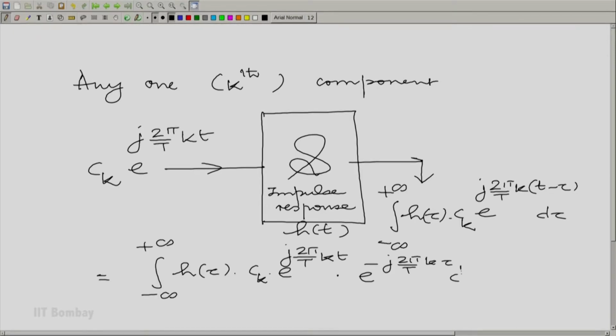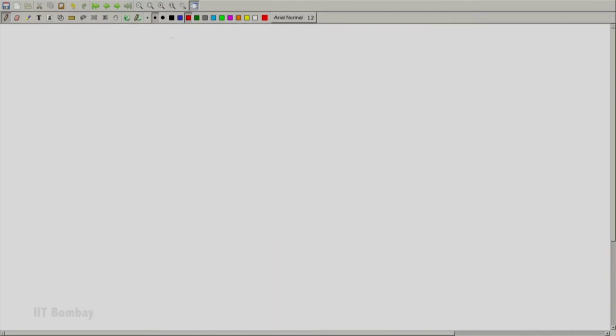That becomes essentially an integral with respect to τ of the product of three quantities: h(τ), c_k e^(j2π/T · kt), and e^(−j2π/T · kτ). Now, notice that this quantity is independent of τ, and that can be pulled outside the integral. Let us indeed do that.